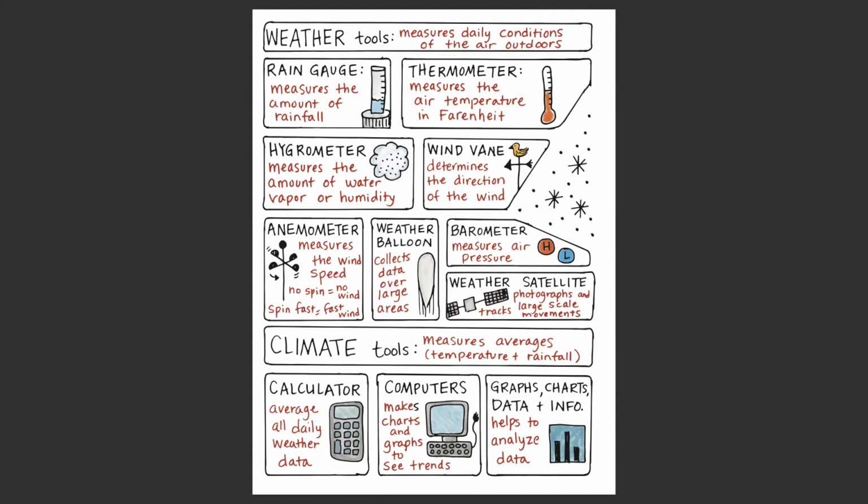Okay, now we get to some of the more complex tools, right? The first one, hydrometer. Measures the amount of water vapor or humidity, okay? So it can measure the amount of water vapor or humidity in soil, actually.